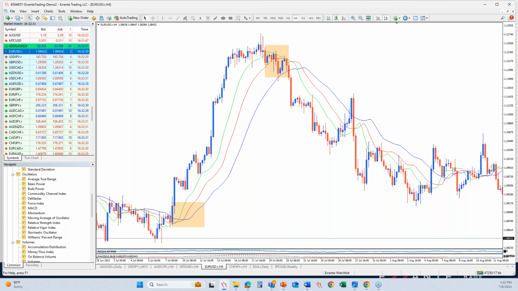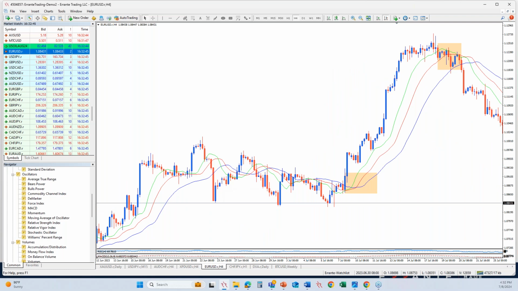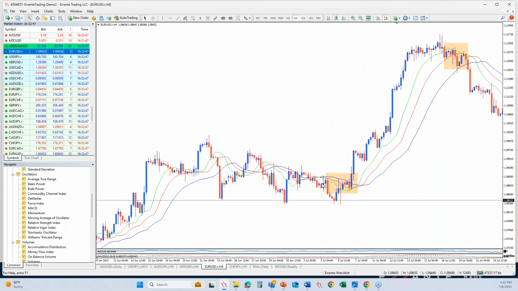So, as an interpretation of the alligator lines, when the alligator's lines intersect, it indicates the market is in a dormant state or lacks a clear trend, something that you can see here.